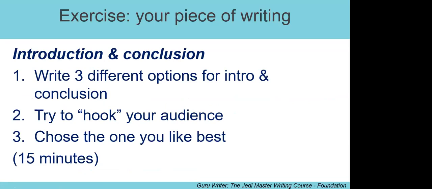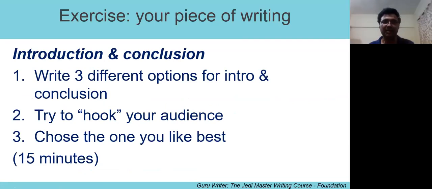Now, just for the purposes of an exercise, you don't have to write 3 options, but I want you to think of writing one introduction and one conclusion which might hook your audience. To give you perspective, a great speech or a great article typically has between 20 to 30 different titles that are written and researched before the author or the speaker finalizes one of them.